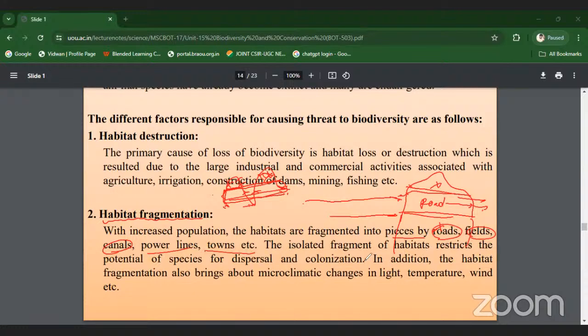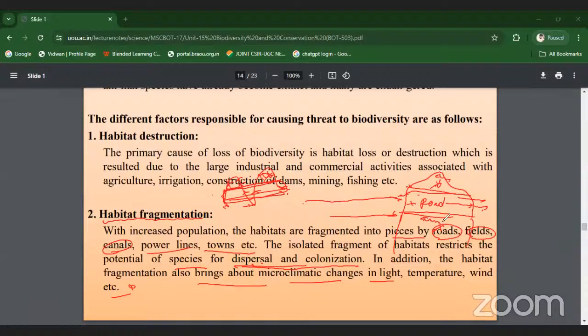The isolated fragments of habitat restrict the potential of species for dispersal and colonization. In addition, habitat fragmentation also brings about microclimate changes in light, temperature, wind, etc. That is why it is not good for biodiversity, because the species are separated by the canal. Some animals are here, and some animals are there.